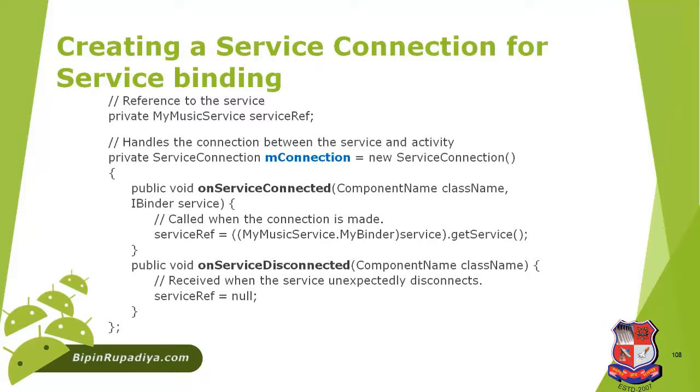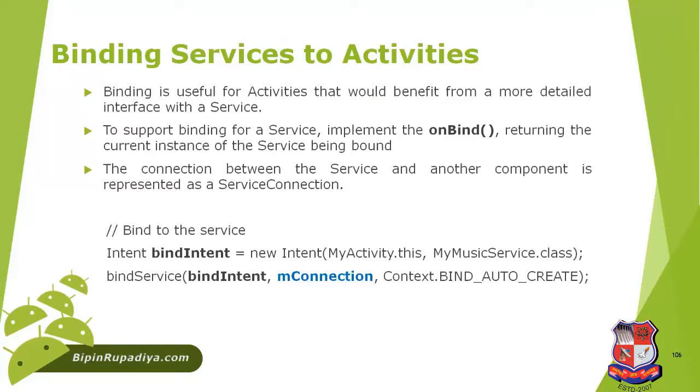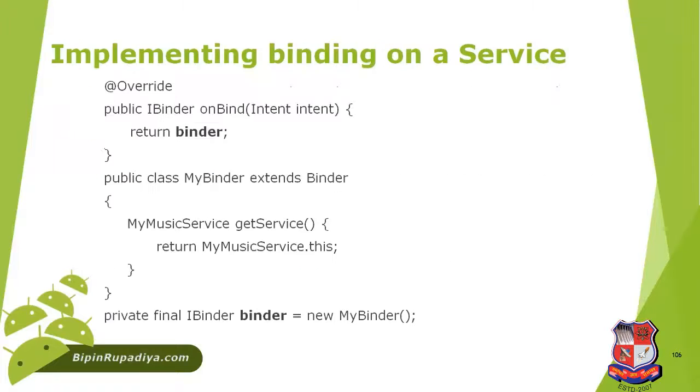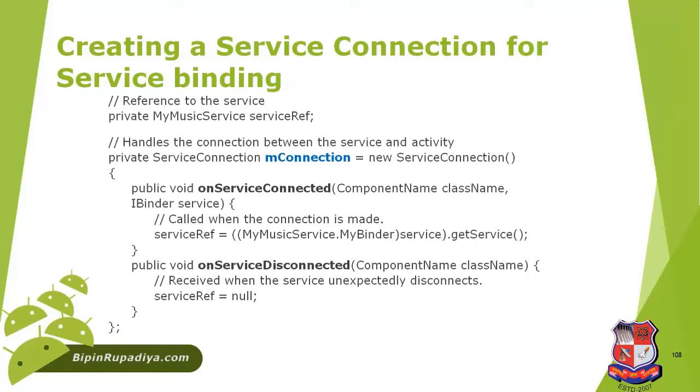Now let's specify how we can create the connection. In the previous slide I mentioned this mConnection that we are going to define in the upcoming slide. So right now we are defining the connection object. Just see that we are creating the connection object with the help of new ServiceConnection: private ServiceConnection mConnection equal to new ServiceConnection.